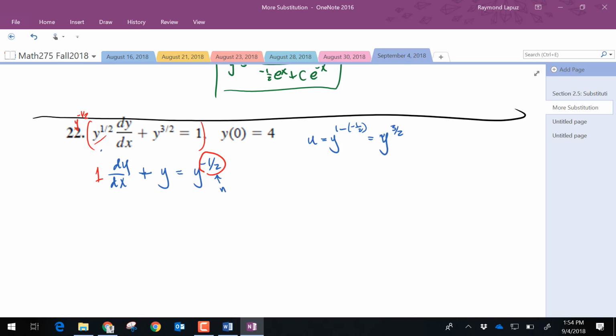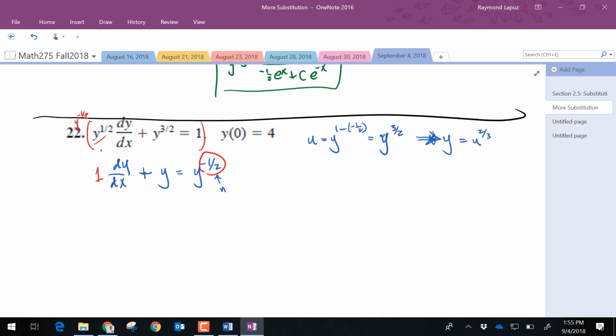And then we would look to replace all the y's. So if we figure out what y is equal to, you would take the 3/2 root, take the 2/3 power, right? That would make the power equal to 1. So y to the 3/2 raised to the 2/3 equals y, and then u raised to the 2/3 equals, well, that's what y is equal to.